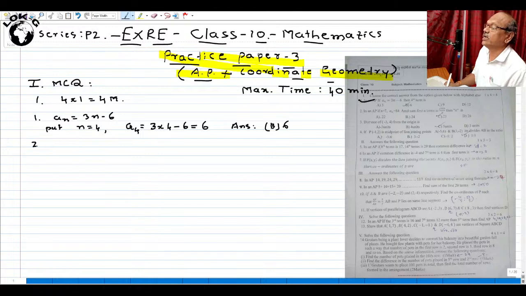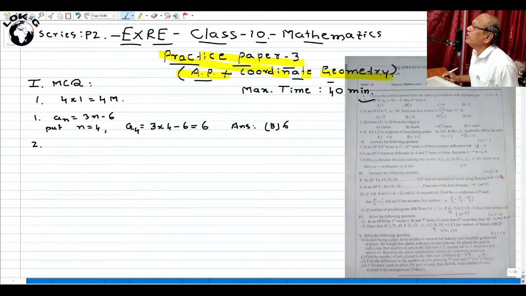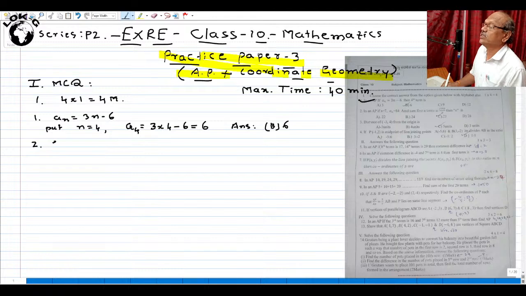Quickly study the second question. Don't waste time, just 40 minutes time. In an AP, a is equal to 7 and a_n is equal to 84. First of all, note down what is given. You are given a is equal to 7, and a_n, which we will call the last term, is equal to 84.